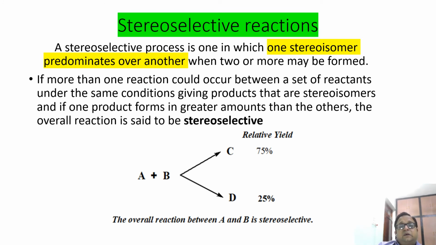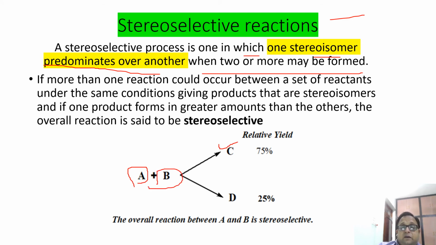On the other hand, stereoselective reactions are the process in which one stereoisomer predominates over another when two or more products are formed. So have a look, these are the two reactants A and B. In this case, we are getting two products C and D. C is in majority, that is with 75% yield, and D is the minority, that is 25% yield.